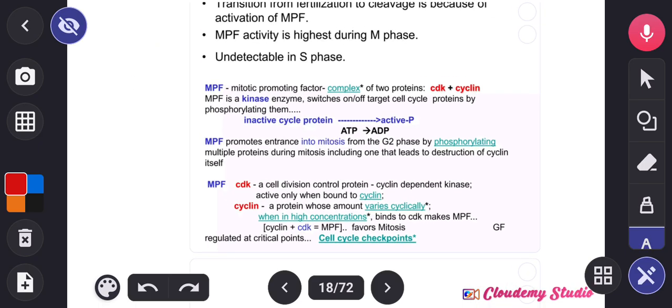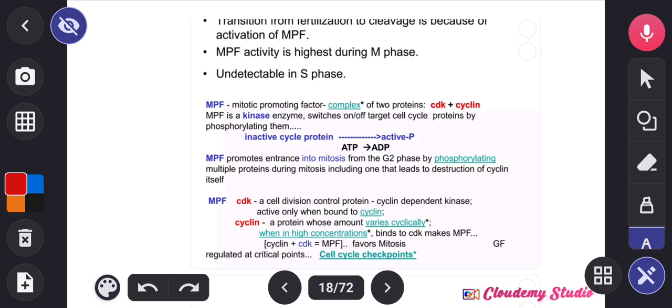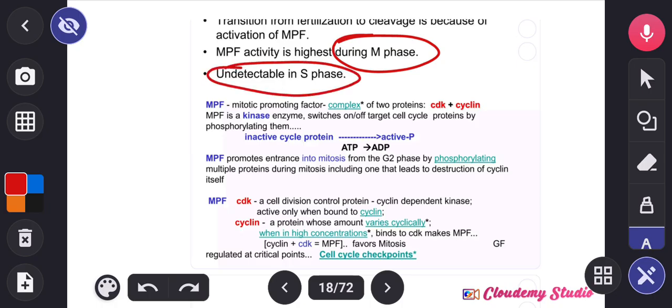Now, the mitotic promoting factor complex is what initiates cleavage, and this complex is very high during the mitotic phase, but it is undetectable during the synthetic phase. You understand? This mitotic promoting factor contains two proteins: cell division control protein, that is cyclin-dependent kinase, CDK, and cyclin itself.